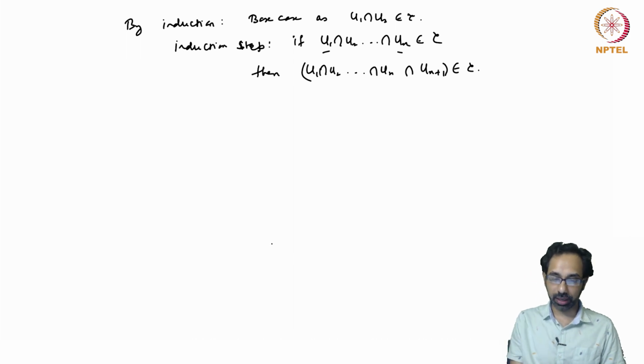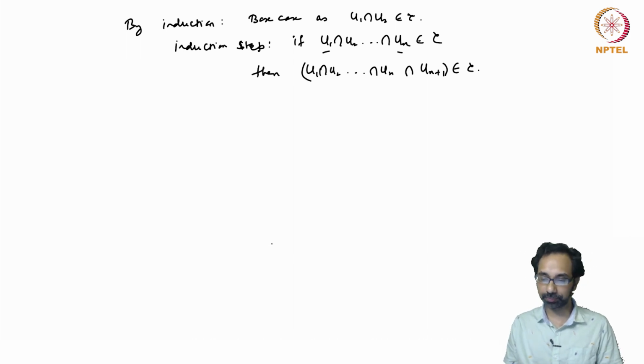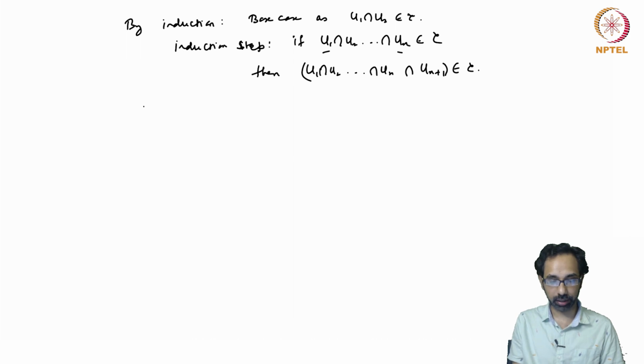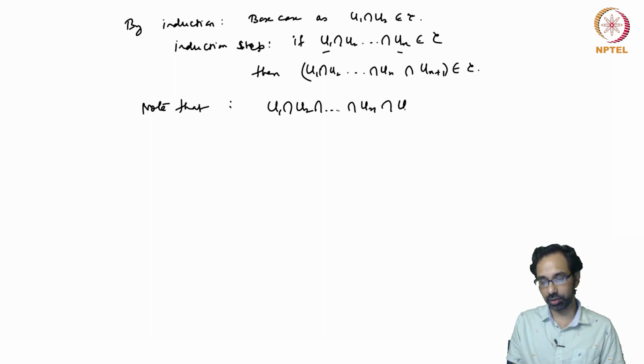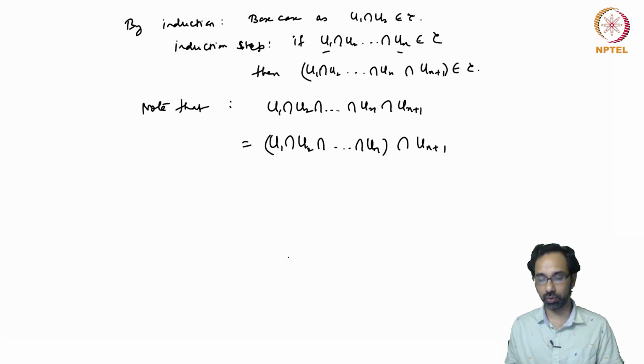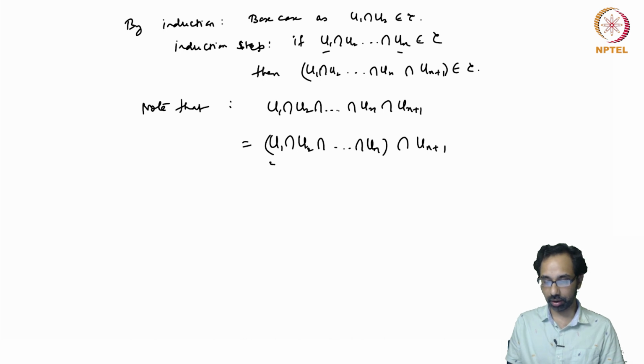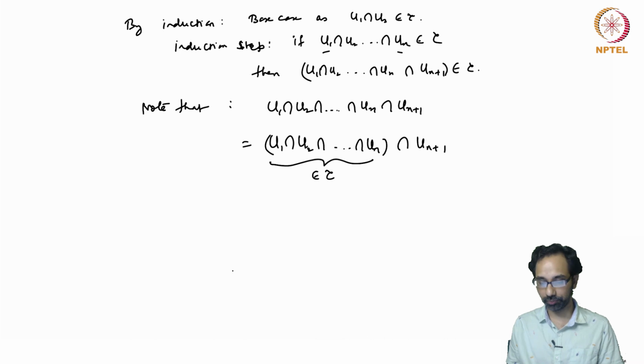So the induction step can be shown just by noting that U1 intersection U2 intersection ... intersection Un intersection Un plus 1 is the same as U1 intersection U2 intersection ... intersection Un first, and then taking the intersection with Un plus 1. Now we already know from the hypothesis that this belongs to tau.